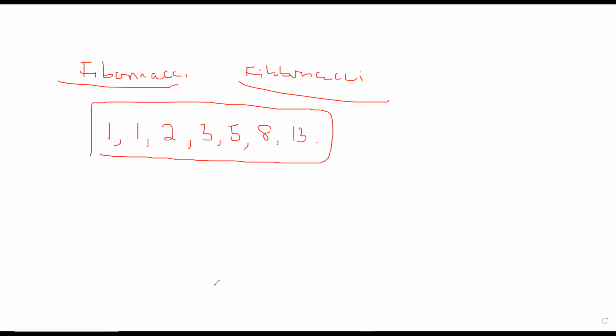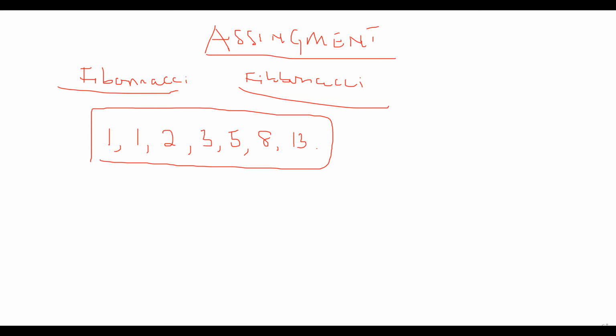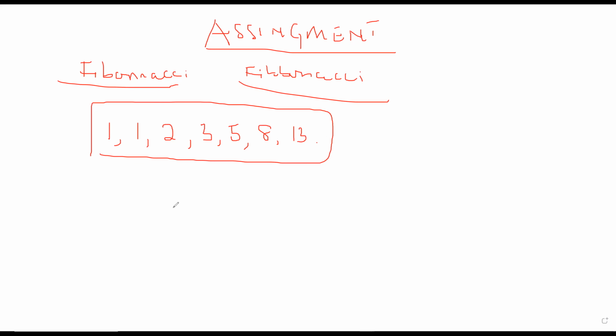Wait, so the assignment is to make it print those numbers. Yes. Print this sequence out. And it is not that you will add code this sequence. No, you don't add code. You write a program that will print it out.